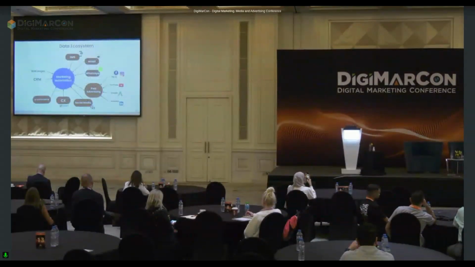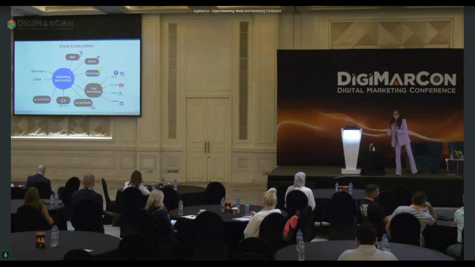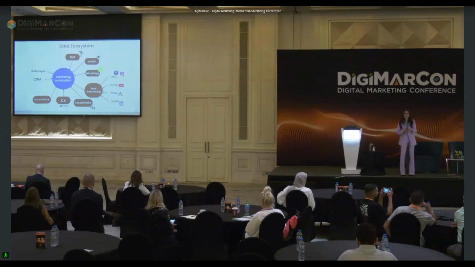So just to explain in a data ecosystem how it connects to your data. This is a slide from our previous webinar on marketing automation. You can connect your web pages to your marketing automation, your CRM, and pretty much any point of data that can fit your marketing automation.